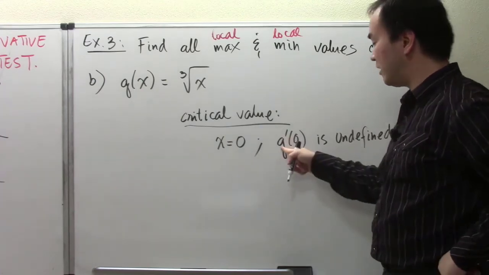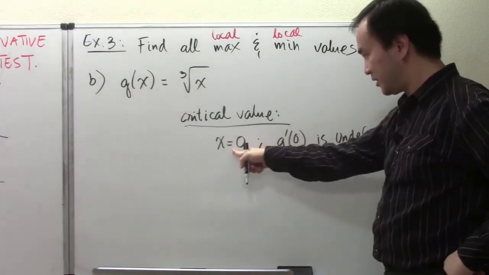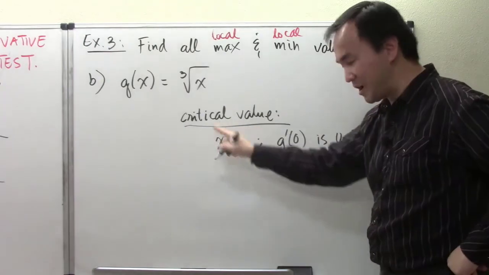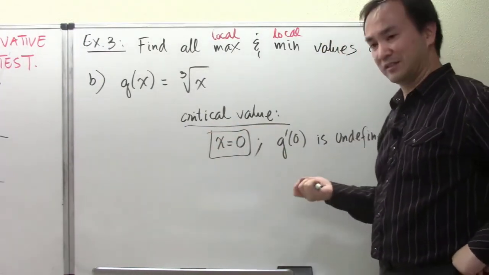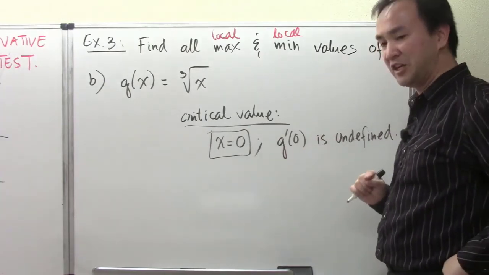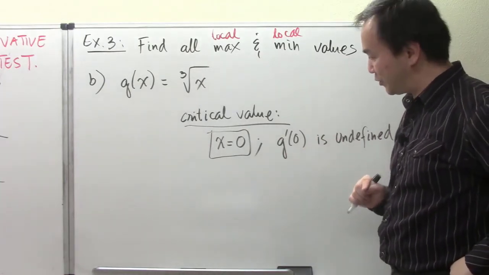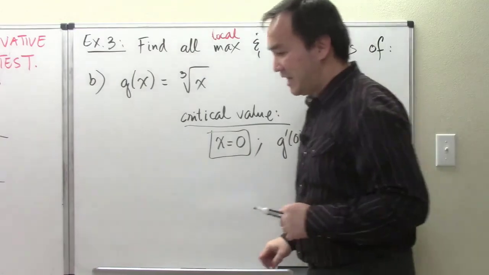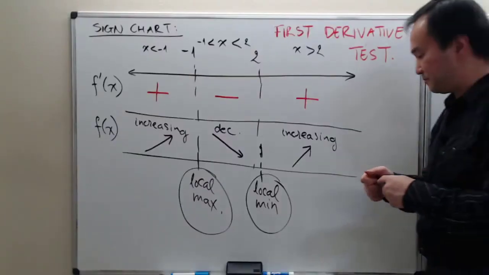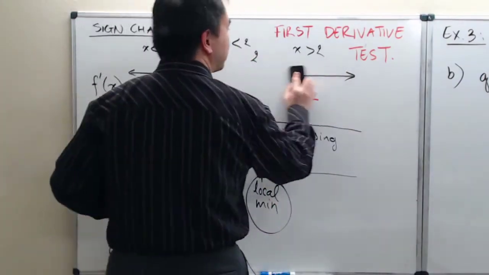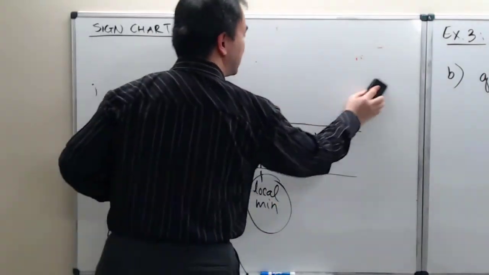The value of g prime at this critical value x equals 0 is undefined, and that's why we concluded that this value was a critical value, straight from the definition of a critical value. Let me now briefly remind you about our past sign chart for this function.